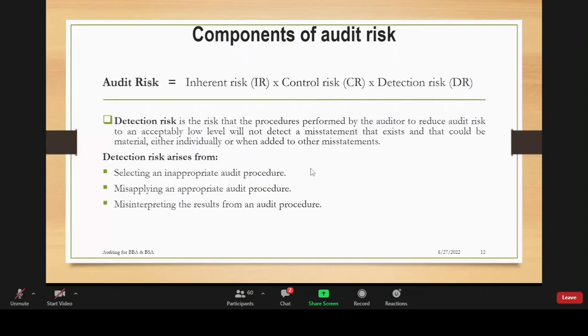Meaning that you may say that the financial statements are free from material misstatements, yet in reality, big sums of money are being stolen, but whatever you did as an auditor did not enable you to detect that these guys are actually stealing from the entity. So the risk that you may not detect the material misstatement is what we call detection risk.